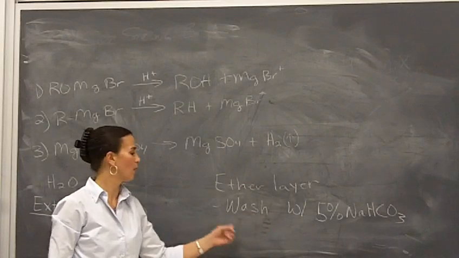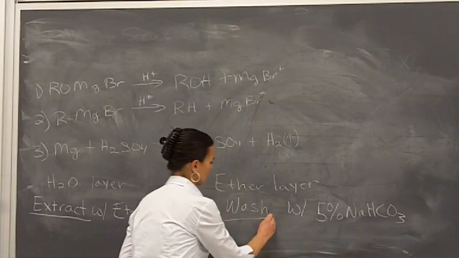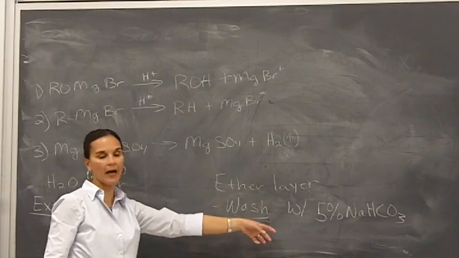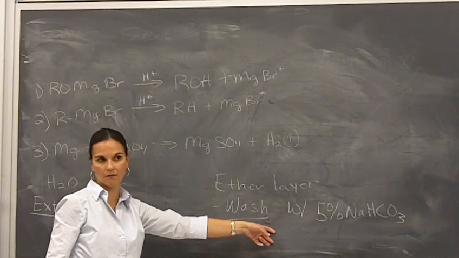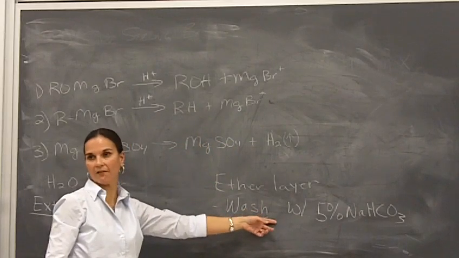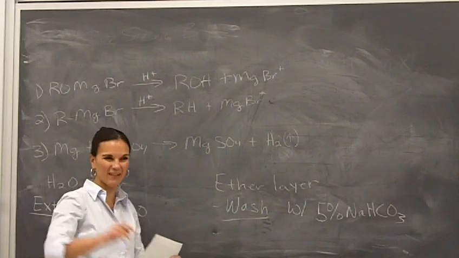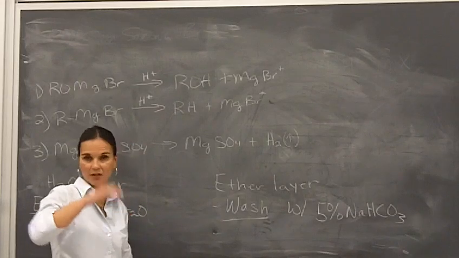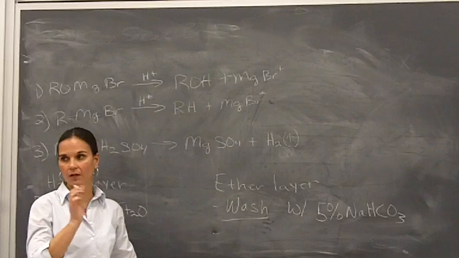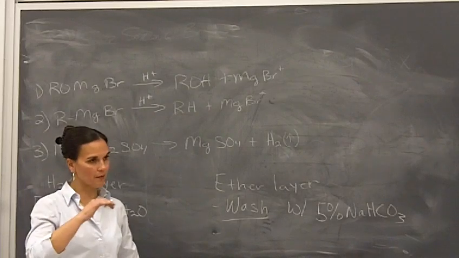Wash means we'll have our ether layer in our separatory funnel, add our 5% sodium bicarbonate, cap it. Be careful because it's going to want to give off bubbles, okay? So maybe give it a good swirl before you cap it to make sure it's done bubbling. Then you'll shake and vent, shake and vent, shake and vent. Let the layers separate.